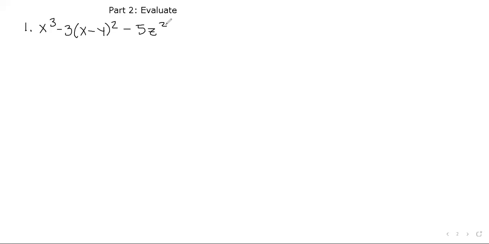Now, when we evaluate, we are going to be given the value of the variable, okay? So that we can get an answer that's a number. So we're given, when x equals 2, y equals -1, and z equals -3, okay?